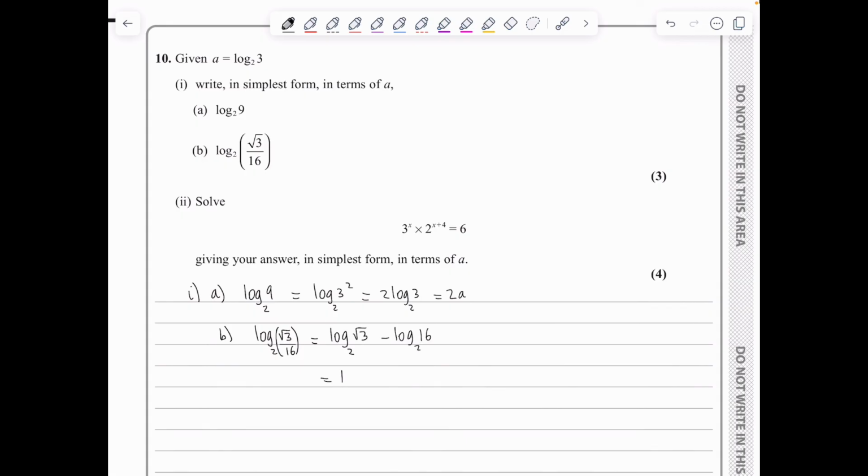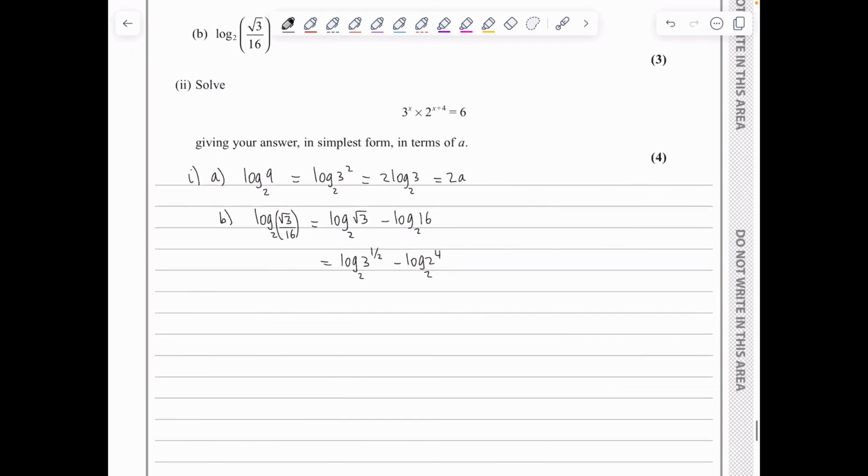This is log of 3 to the half base 2 minus log of 2 to the 4 base 2. Now the half can come down. It's a half log 3 base 2 minus 4 log 2 base 2. We know that log of 2 base 2 is simply 1, so this is simply a half a minus 4.